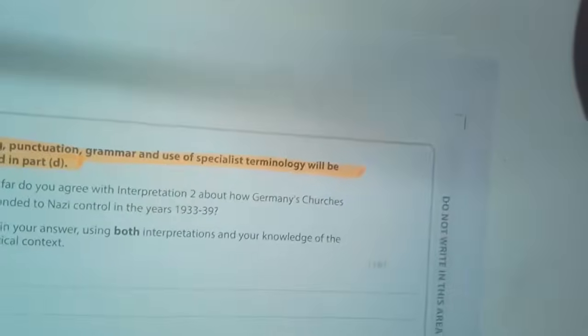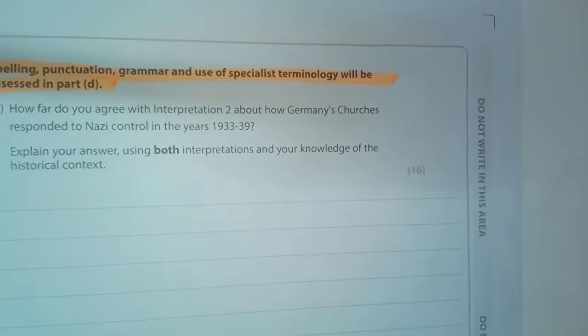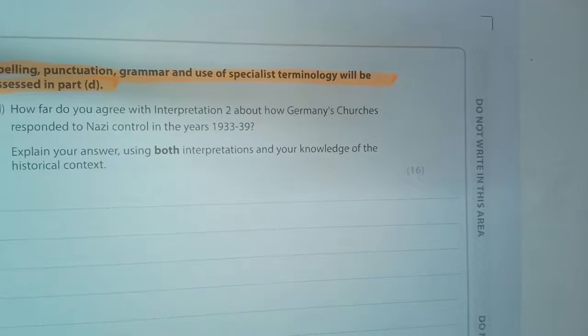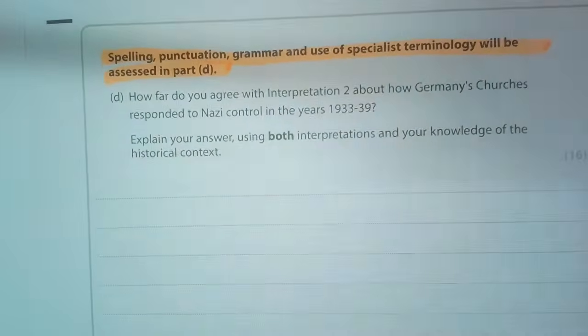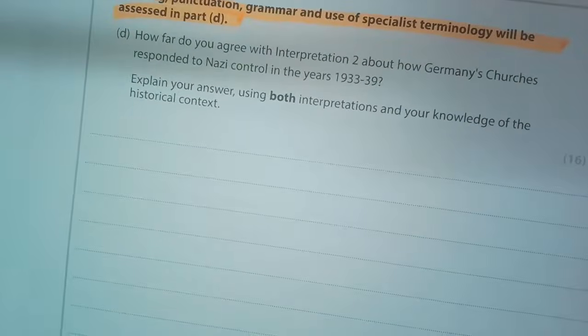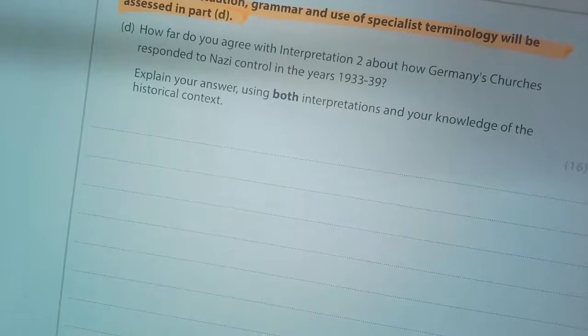Most people will get about 3 marks for SPAG. Because the way that SPAG is allocated is like, if your answer is extremely good, if you're getting 16 marks, you are getting 4 for SPAG.